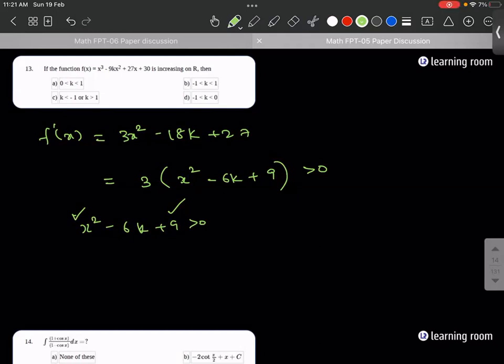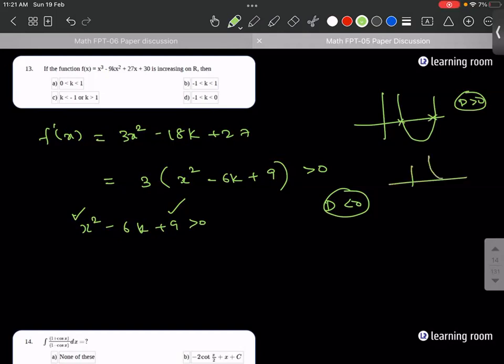Okay. So if that should be greater than 0, then can we say that the discriminant is less than 0? Logic is very simple. If discriminant is greater than 0, it will have real roots. If discriminant is equal to 0, it will have real and equal roots. If discriminant is less than 0, it does not have any real roots.